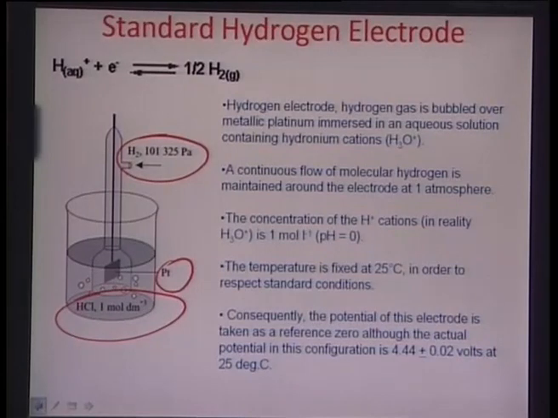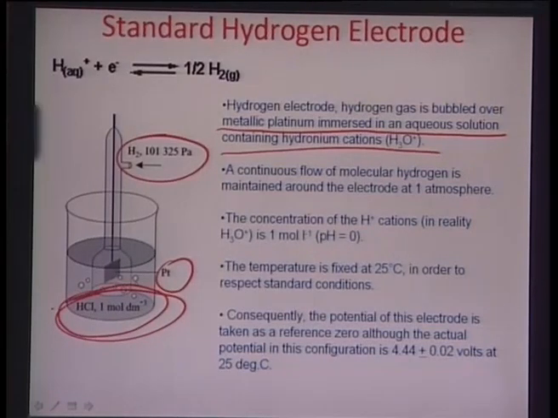So basically, the standard hydrogen electrode is realized by metallic platinum immersed in an aqueous solution containing hydronium ions H3O+, formulated by a 1 molar HCl in water, and hydrogen gas is slowly bubbled over this.